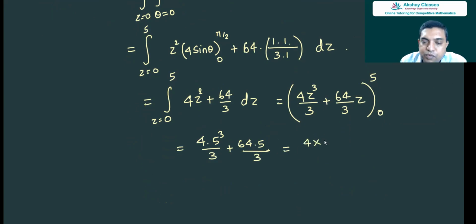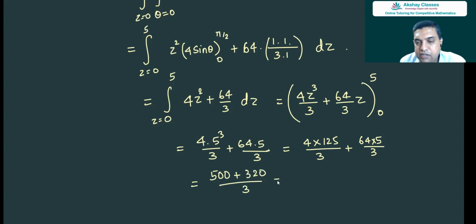So you get 4 into 125, that is 500 upon 3, plus 64 into 5 upon 3, which is 320 upon 3. 500 plus 320, so you get 820 upon 3.